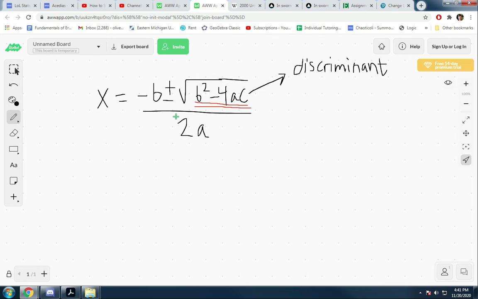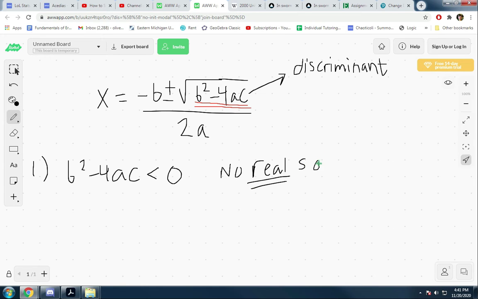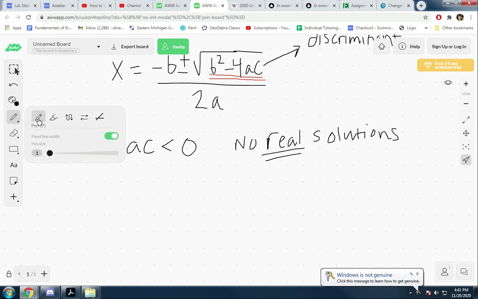So here's what I mean. Let's just say that the discriminant b squared minus 4ac were negative, so it's less than 0. This is case 1. Then we have no real solutions. Now let's look at another case.